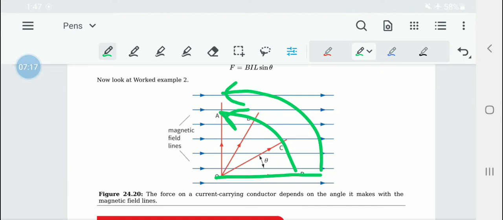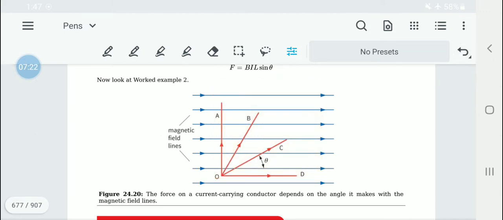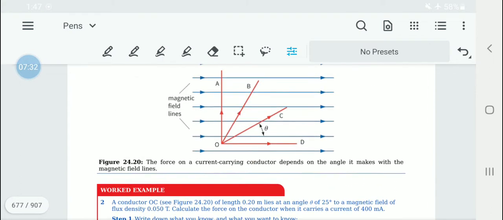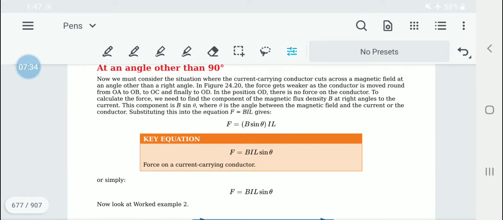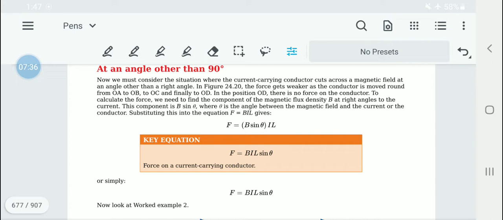Then the other fields, OA is the maximum, OB and OC would have values, but they would be lesser than that of OA, right? So for this particular scenario, you have to use F equals B sine theta IL, or else FBIL sine theta, because they are all multiplications. We can include sine theta anywhere.